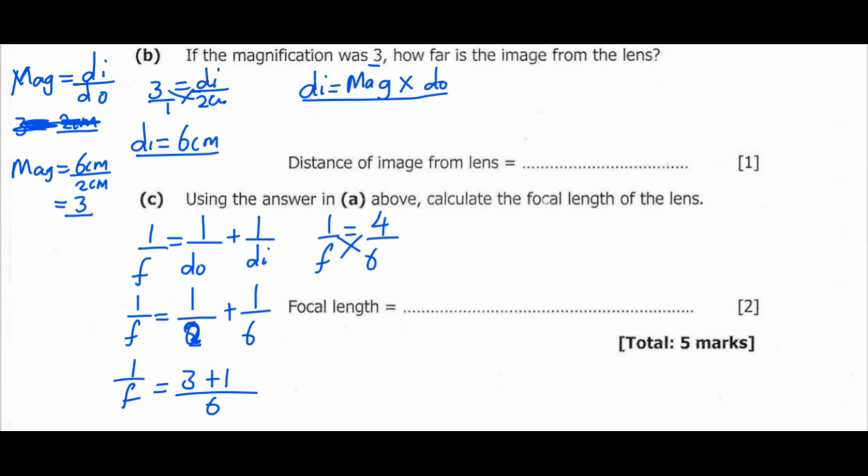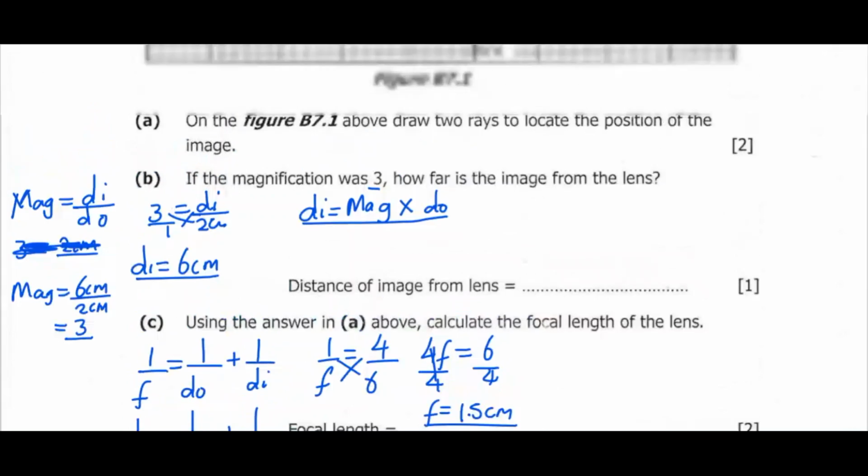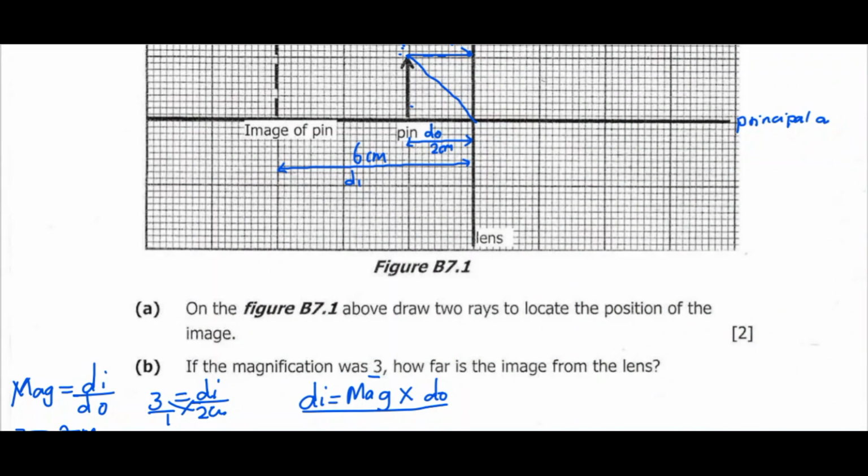You cross multiply. 4 times f will give us 4f. 6 times 1 is just 6, over 4, over 4. This means that the focal length is 1.5 centimeters. So this tells us that since here is 2 centimeters, 1.5 is here.